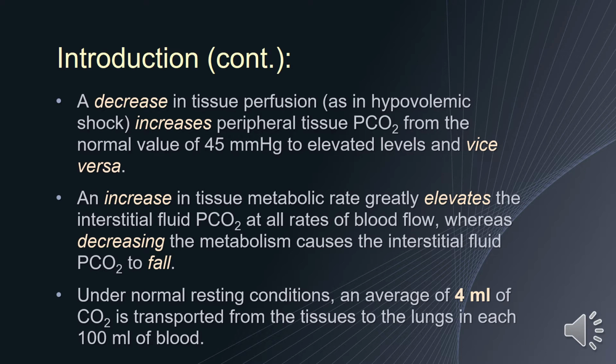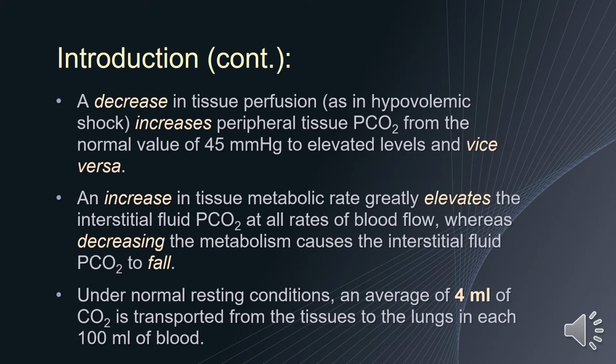In exercise, there's an increase in the metabolism of the skeletal muscle. And if we measure the partial pressure of carbon dioxide in the venous blood leaving the exercising muscle, we will discover that the partial pressure of carbon dioxide has been elevated, and it will go back to normal, or be lowered, by the end of the exercise.